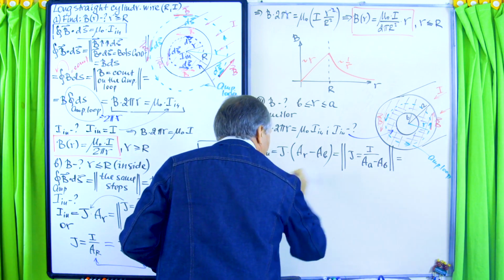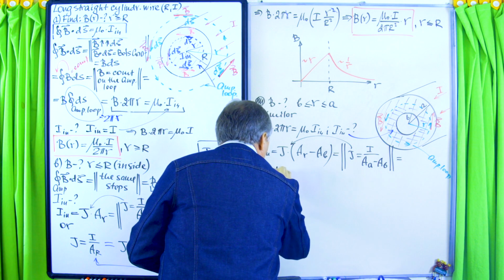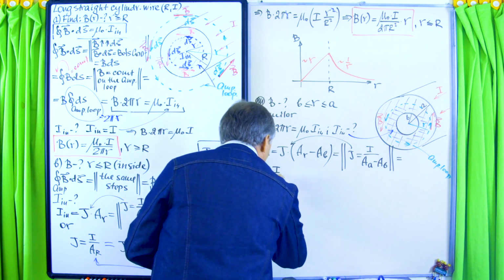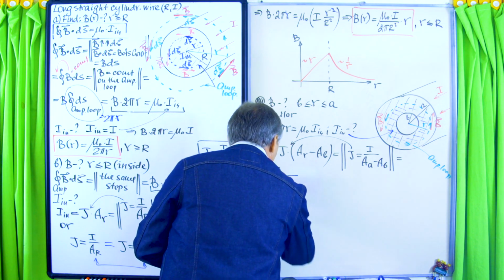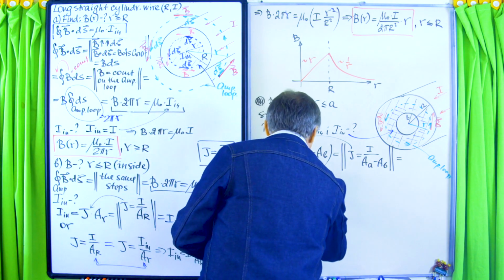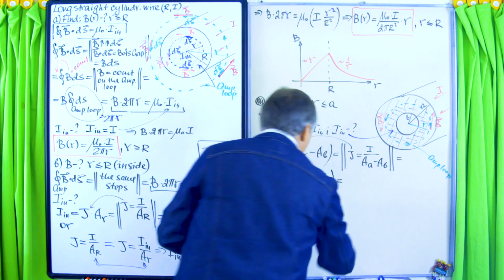Okay, so now of course we can plug it in. We'll have I divided by A sub a minus A sub b, so current density times A sub r minus A sub b.